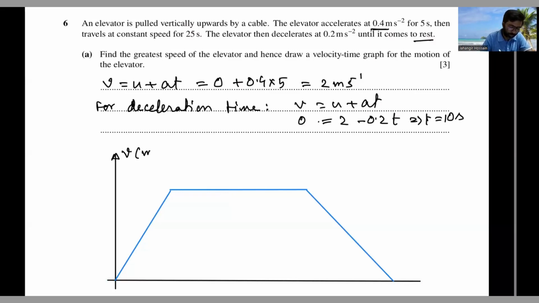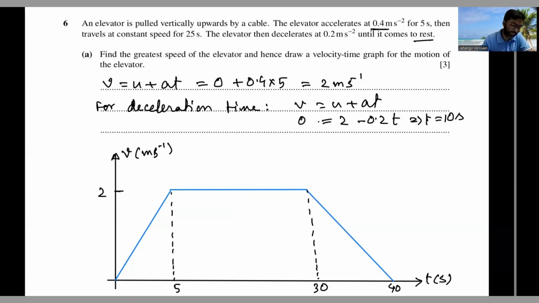The velocity is in meters per second, and this is time in seconds. This is 2, this is 5, this is 25 plus 5, that's 30, 30 plus 10, 40.